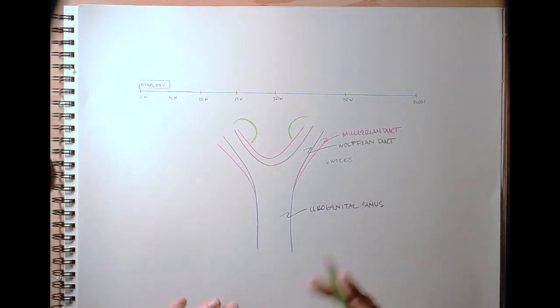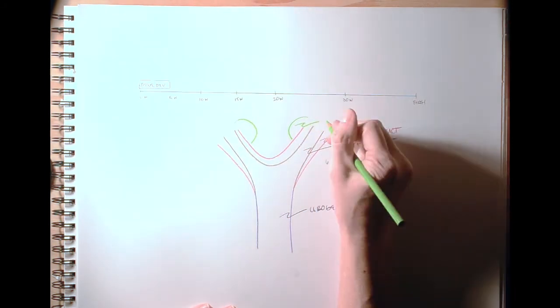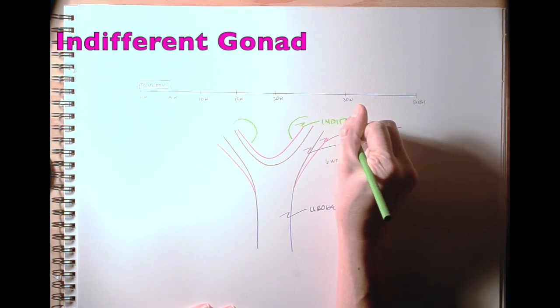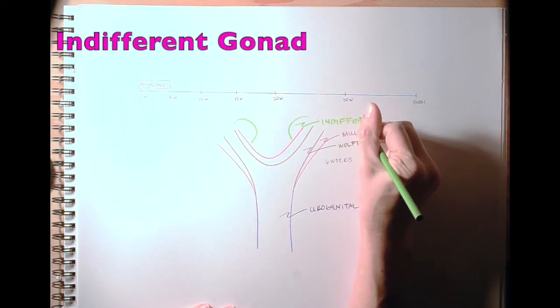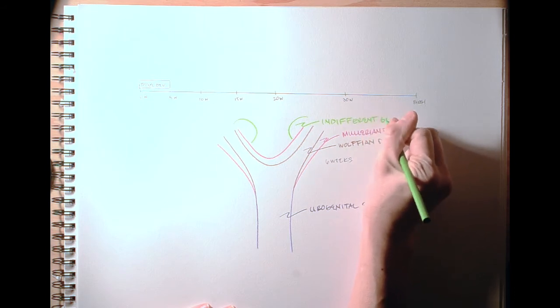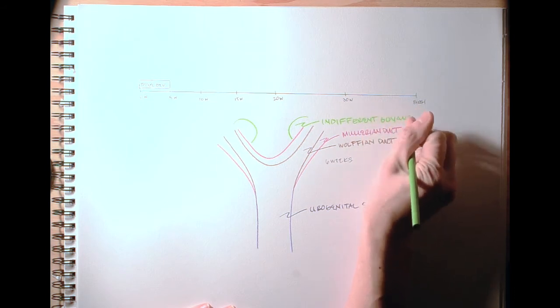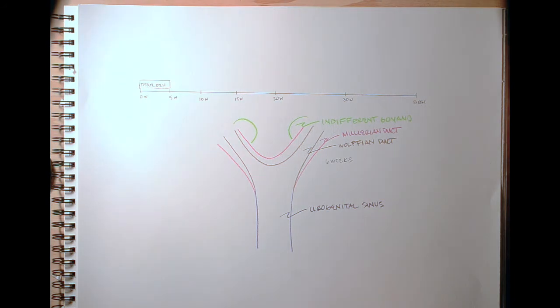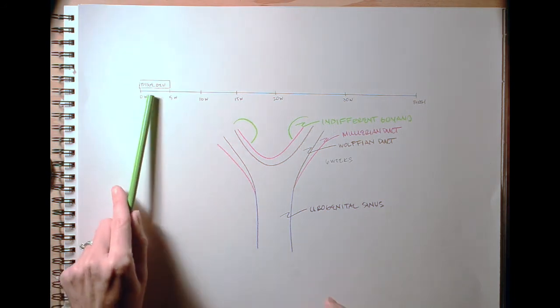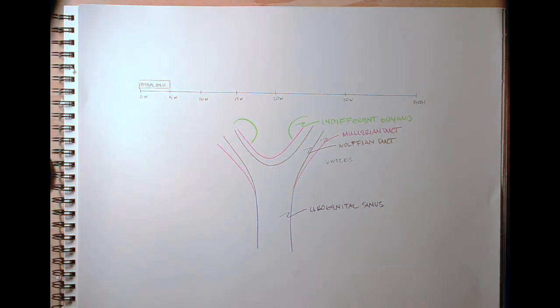And finally, we have these tissues here. This is the indifferent gonad. All right, so this is again the basic structure that we're going to see during this tissue development phase up until about 6 weeks of embryonic development.